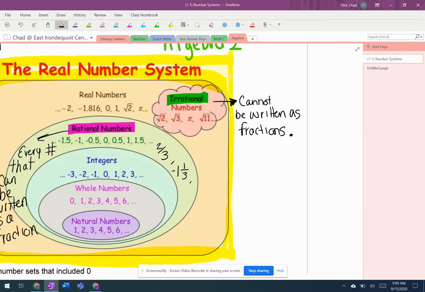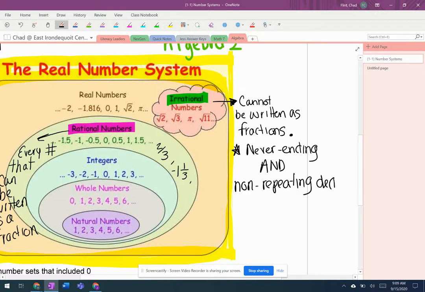Irrational numbers are known as never-ending and non-repeating decimals.